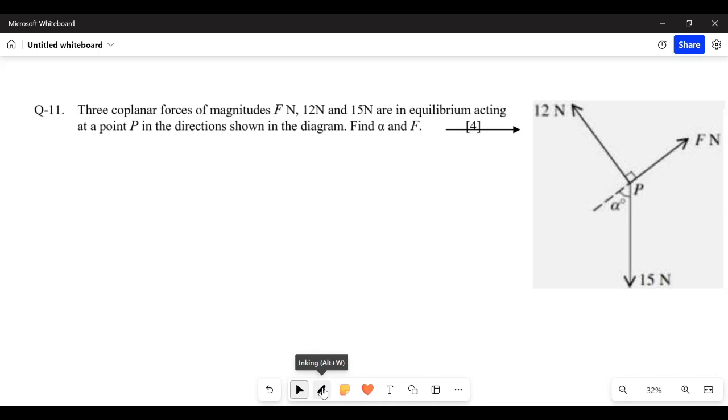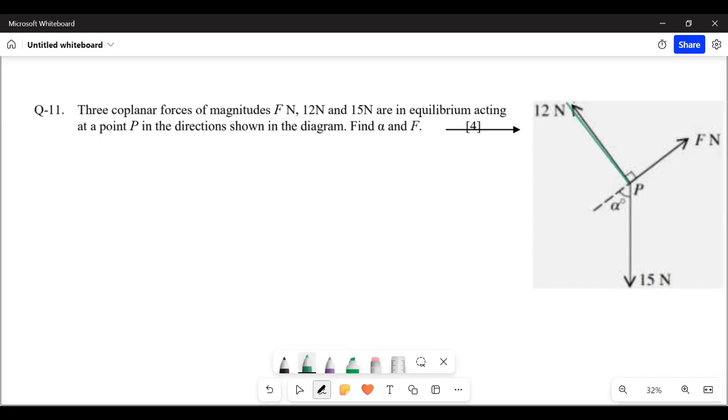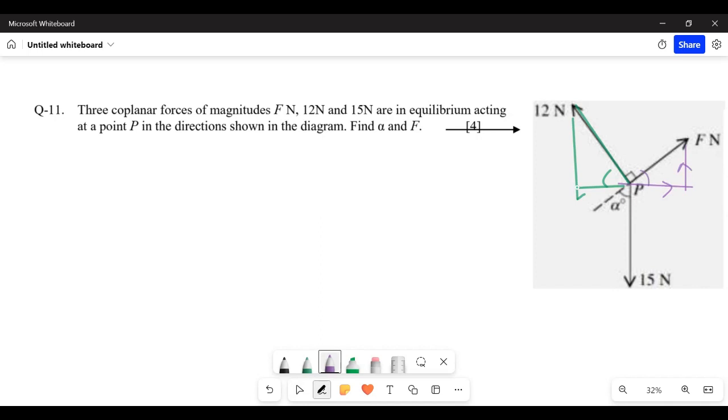So what we can do is resolve these forces and get the horizontal and vertical components. But we would have to resolve the 12 Newton force and the F Newton force into vertical and horizontal components, and we don't know those angles either.